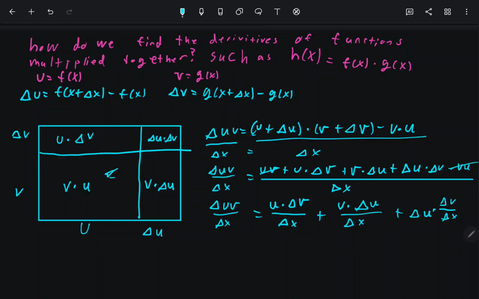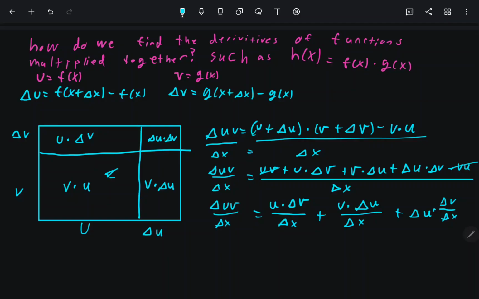So what that will leave us with is the limit. Give me one moment, I'd like to specify one other step.